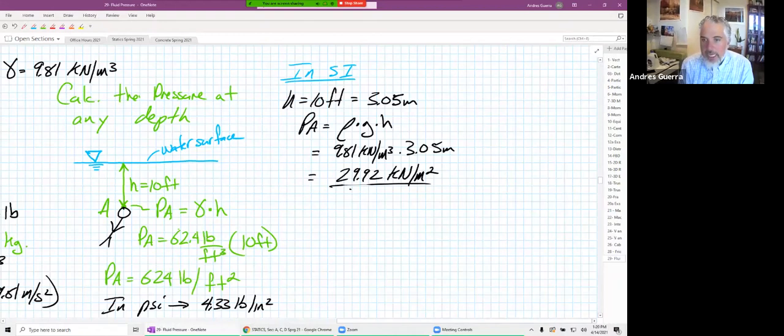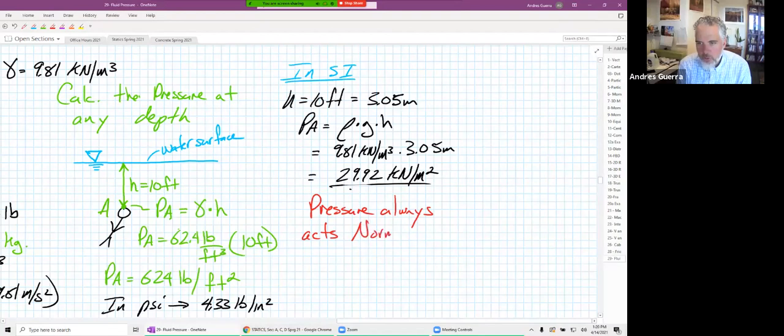Okay, a key concept: if we can calculate the pressure at any point, and all it is based on is the depth of water at that point, then the other thing we need to know is that the pressure always acts normal to a surface. With those two things, we can calculate the pressure in pretty much any shape and any type of structure.